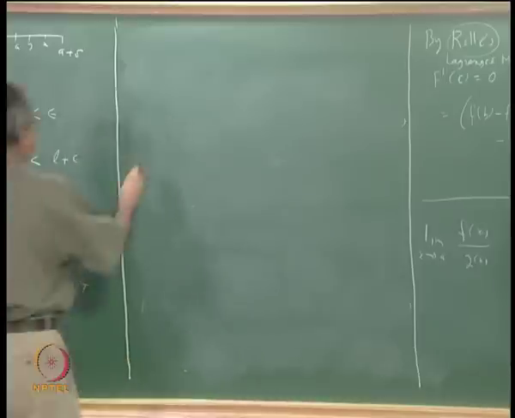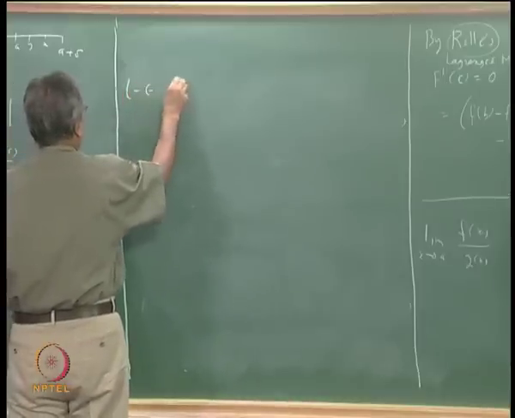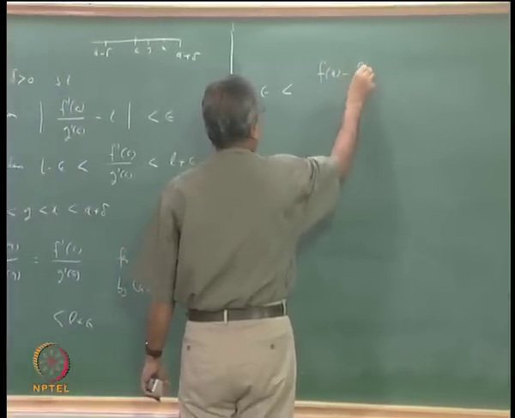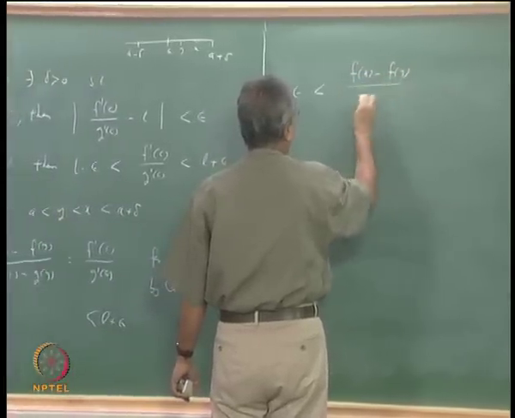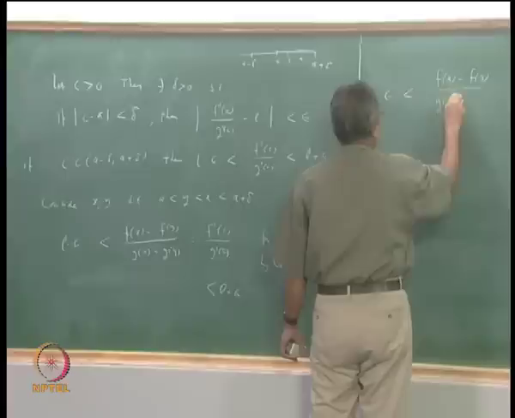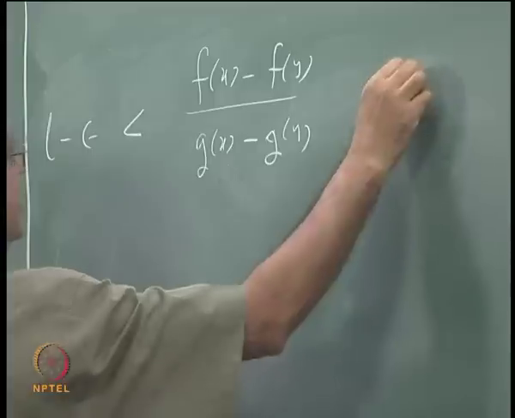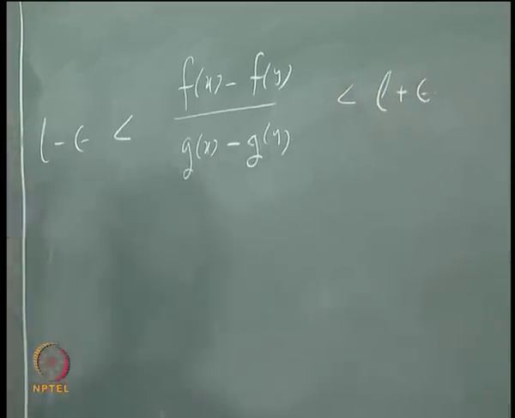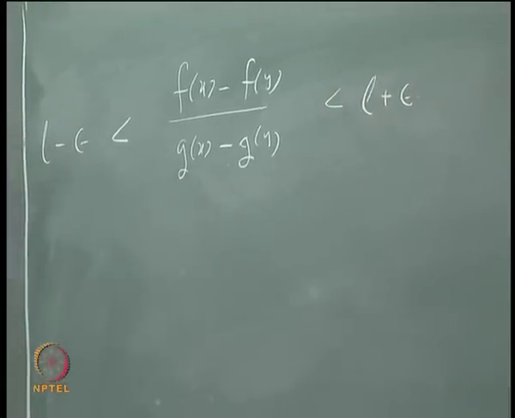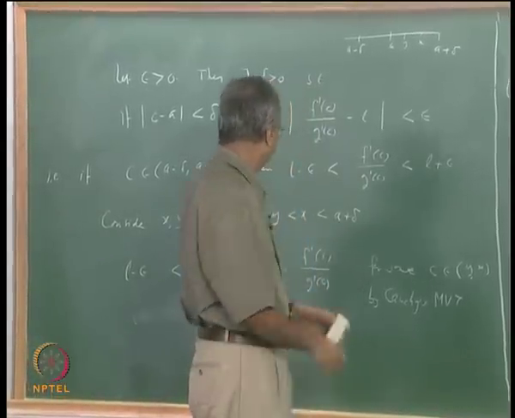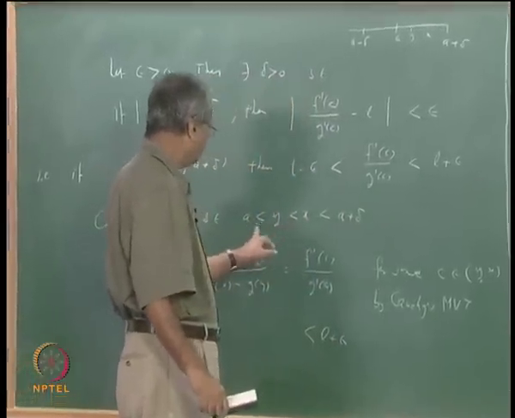So what we have here, L minus epsilon less than fx minus fy divided by gx minus gy, this is less than L plus epsilon. And this is true for which y and which x, it is true for any y and x which satisfy this.